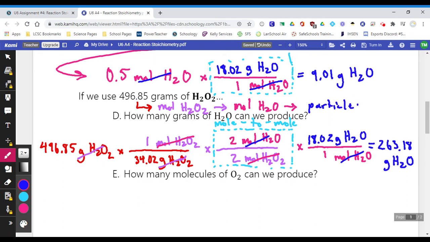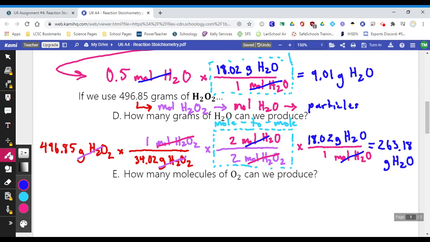So, I didn't change either of these because moles are like my universal translator between all of this stuff. Okay. Oh, and I'm not getting H2O, I'm getting O2 this time.